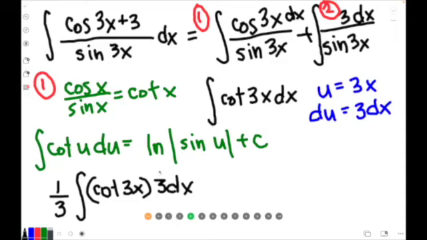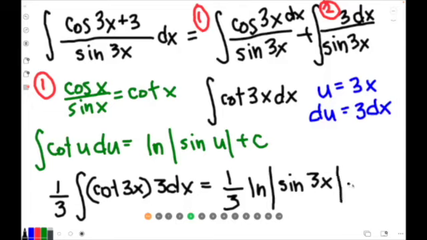So right now we have cotangent u and du, which is 3 dx, and so we can solve this. Now we have 1/3 ln the absolute value of sine u, which is 3x, plus constant of integration c. So that is for our first integral.